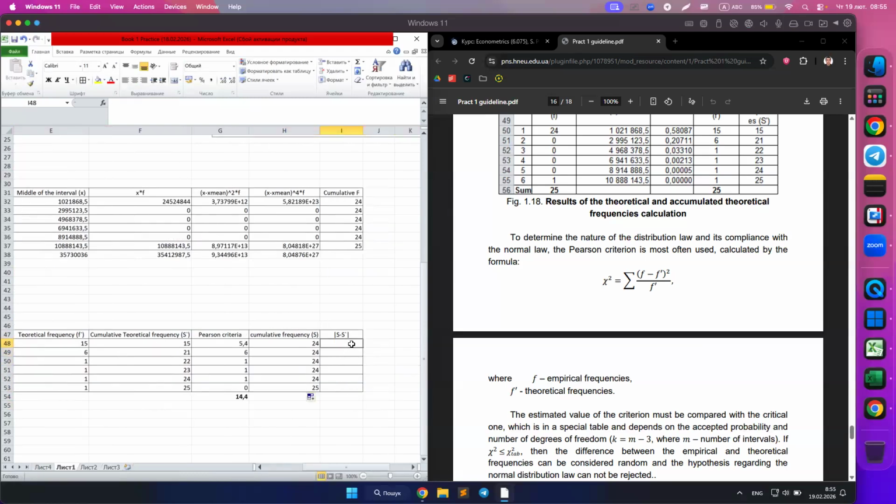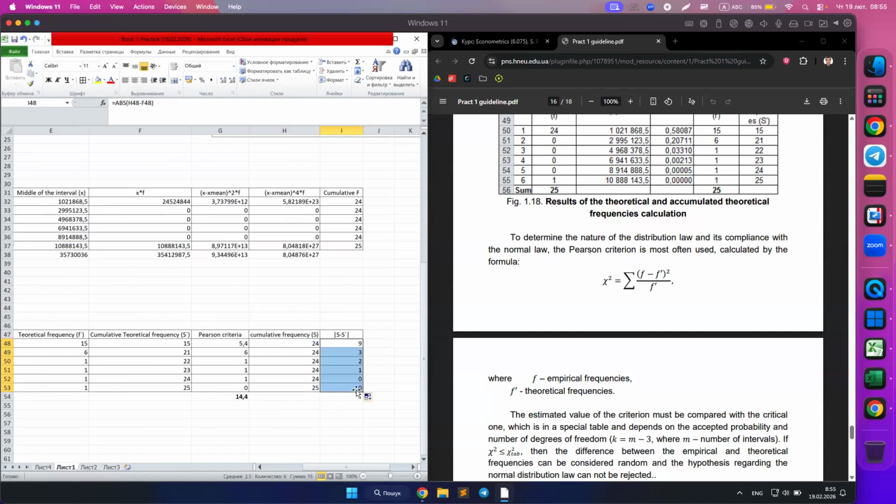In the final calculation, it's S minus S', with absolute value, that is, the modulus. So we select the absolute value of our S minus our S'. By S, I mean the cumulative frequency, not what you might have thought.